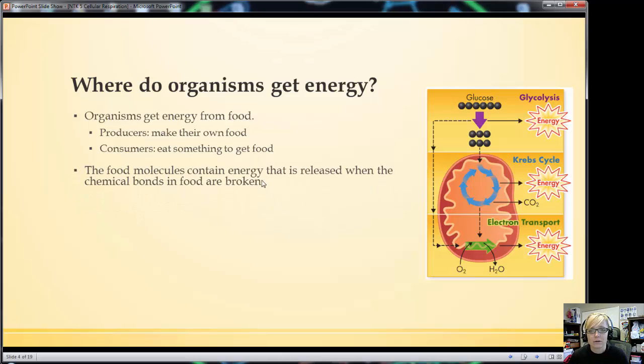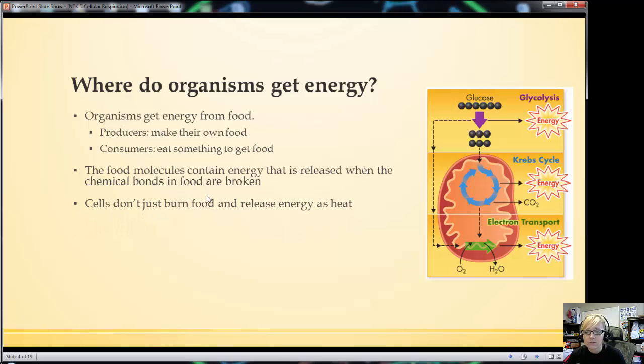So the food molecules that we eat contain energy. The energy is stored in the bonds of those molecules. So in like the bonds of glucose, the bonds of lipids, the bonds of protein, that's where all of that energy is going to be stored. That energy is released when the chemical bonds in our food are broken. When we digest our food, we're breaking those chemical bonds and we're able to release that energy.